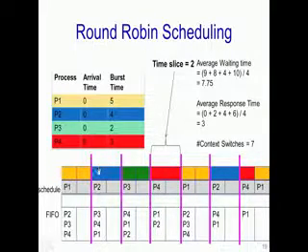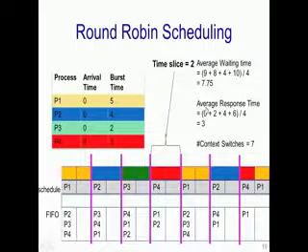The number of cycles it waits is 1, 2, 3, 4, 5, 6, 7, 8, 9. So, P1 waits for 9 cycles. Now, P2 waits for 8 cycles, P3 for 4 cycles and P4 for 10 cycles. So, the average waiting time is 7.75 cycles.